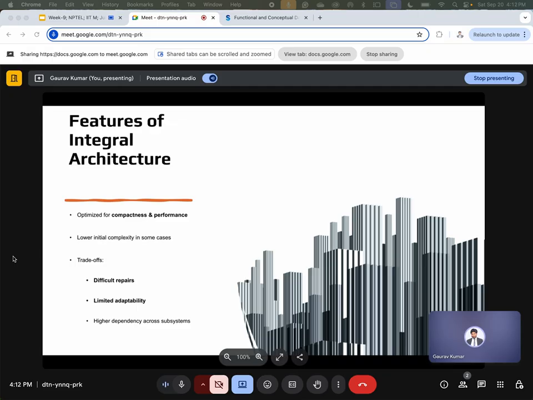In some cases, integral designs may reduce initial complexity since fewer components need to be managed and assembled. This can be an advantage in early-stage prototyping or in applications where performance outweighs flexibility.